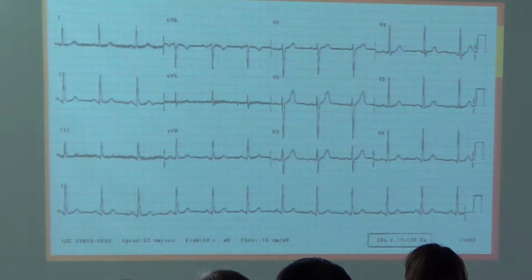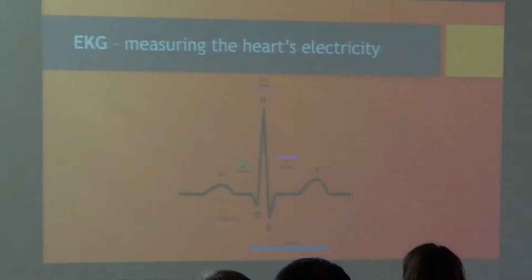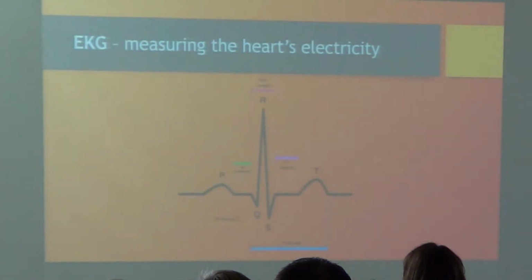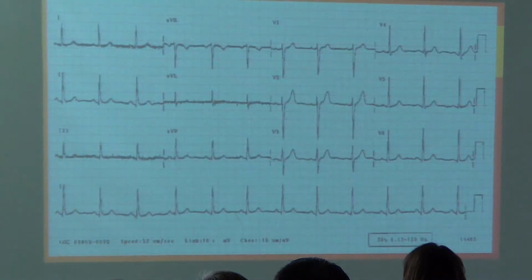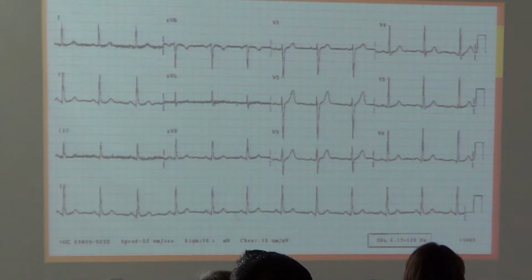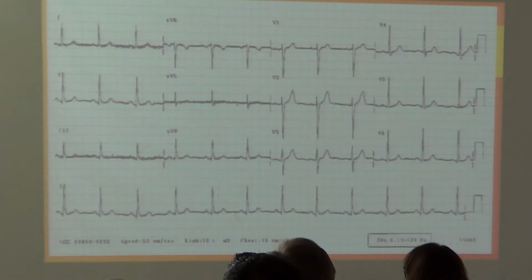And here, you're just looking at a single beat in a single location. When you look at multiple leads, it is very useful. The reason EKGs give us so much information is because the leads are attached at various different locations around the chest, and we can correlate the different parts of the heart with the different leads here.